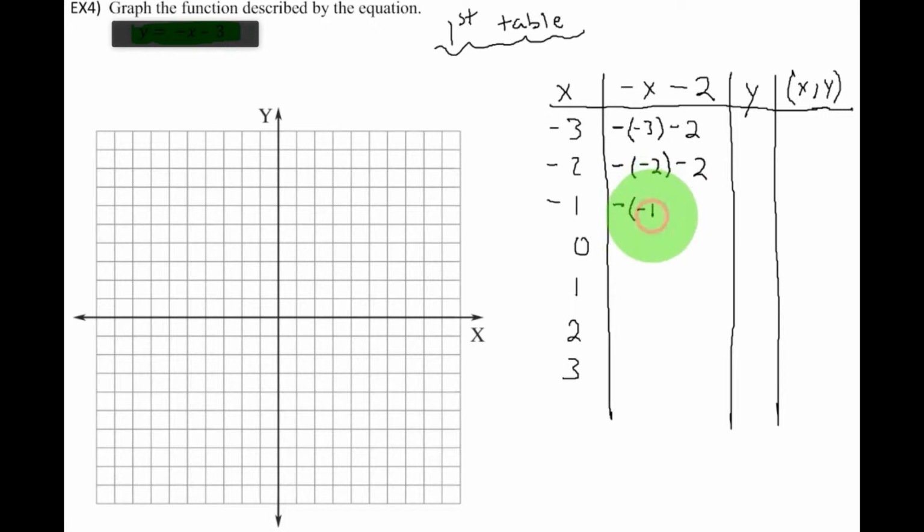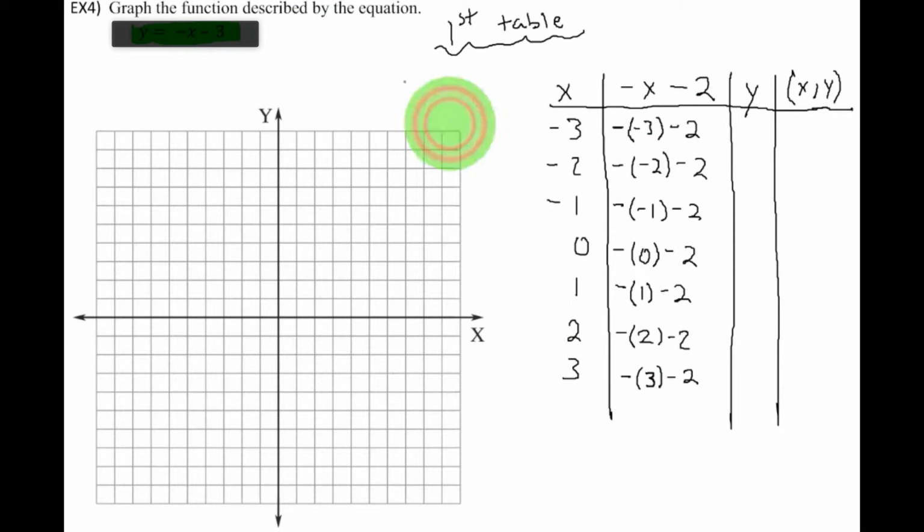Negative, negative 1, minus 2, negative 0, minus 2, negative, positive 1, minus 2, negative positive 2, minus 2, and negative positive 3 minus 2. And let's go ahead and fix that 3 real quick. Now I'm going to work this first problem out below.